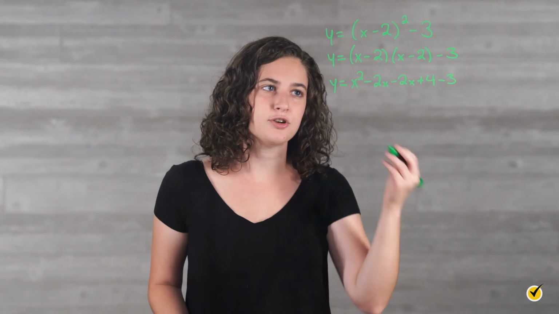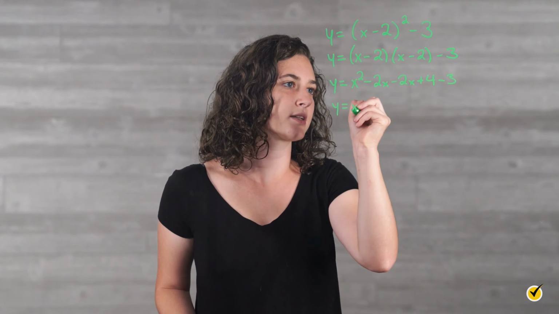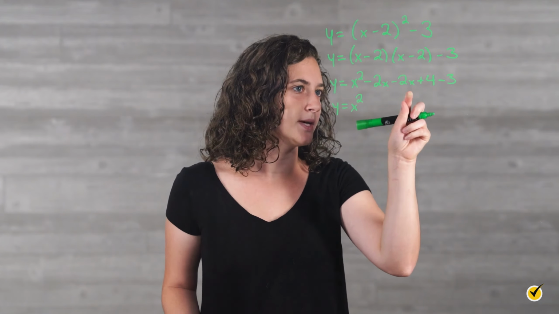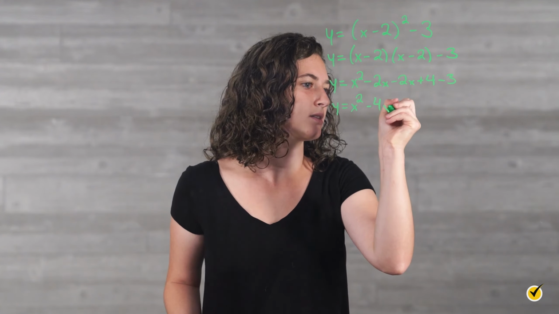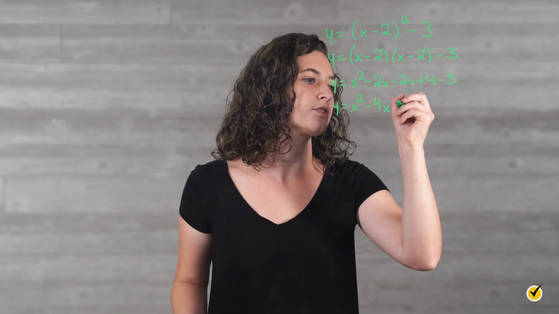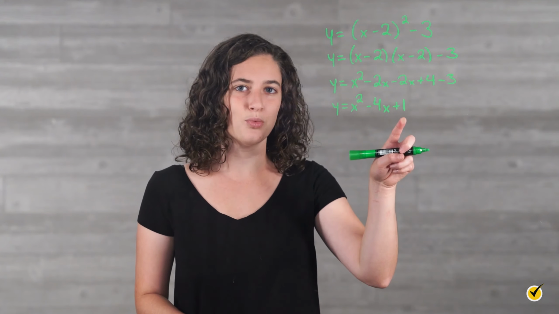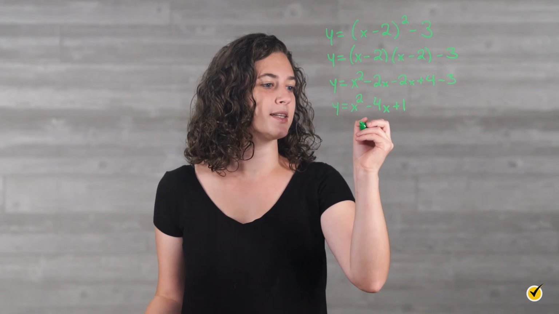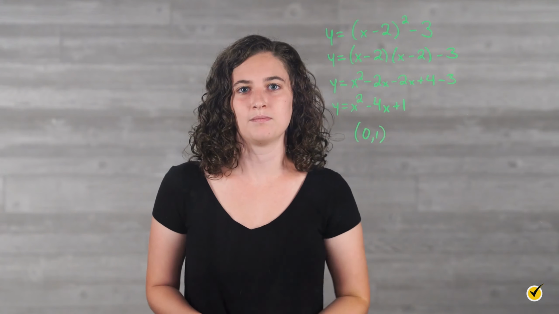And now we're going to combine like terms. So we'll have y = x² - 4x, and +4 - 3 is +1. Now that we have the function in standard form, we can see that c equals 1. So the y-intercept is at (0, 1).